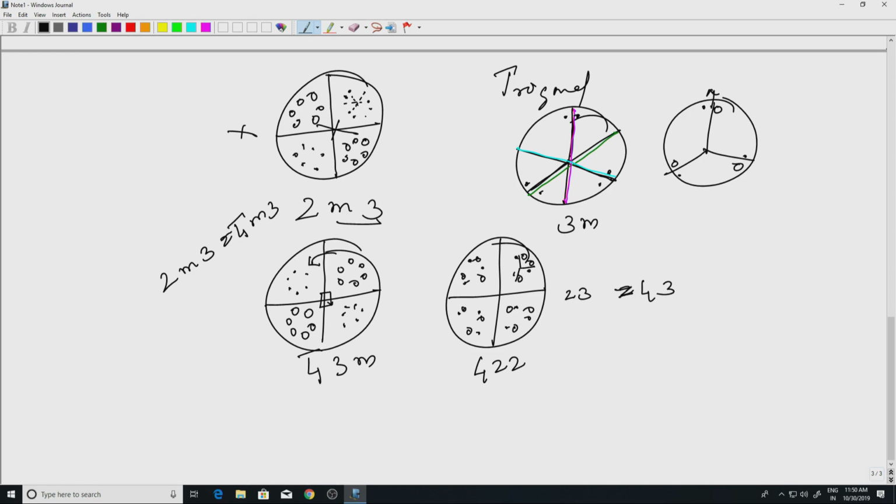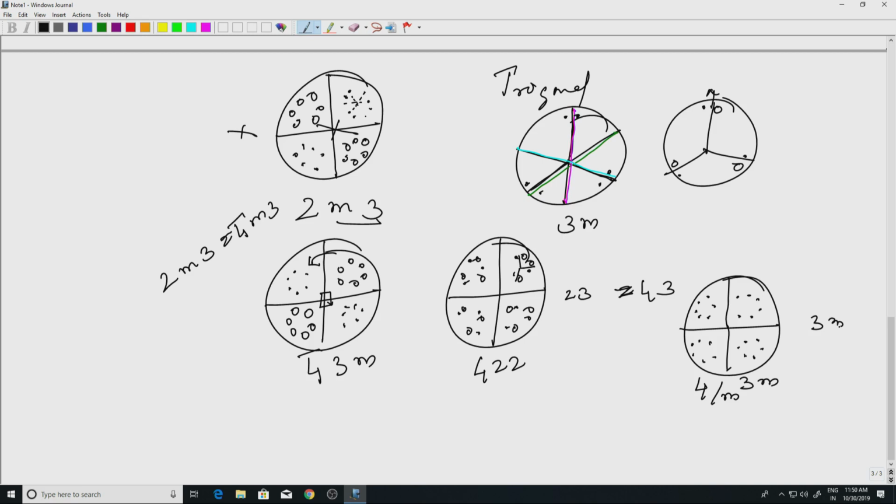Then the last one is 4/m 3m. So now already we have seen 3m.